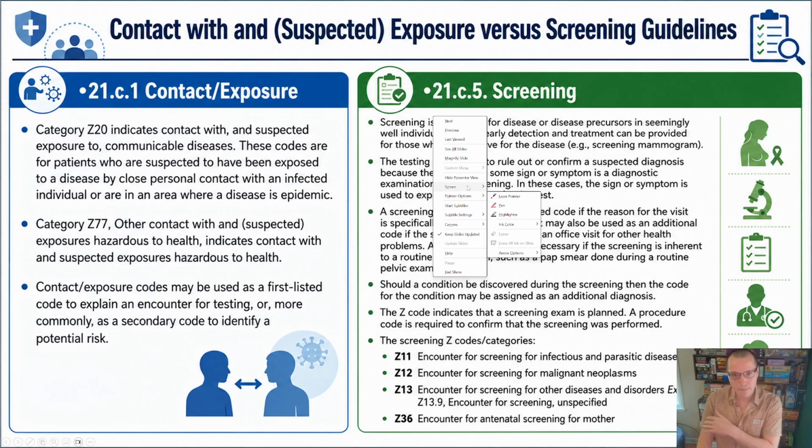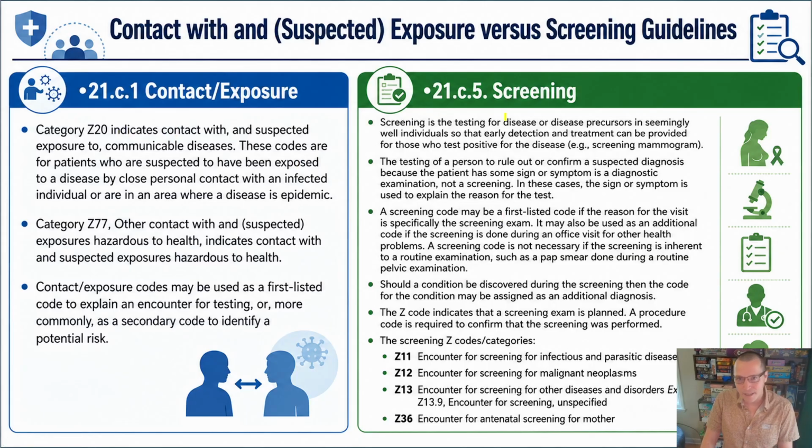The issue is people will tend to want to use the screening codes on all of the labs, but as we'll look through this, screening codes are not actually the proper codes to use in these circumstances, since screening is for testing for disease precursors in seemingly well individuals where there's no necessary reason for testing it. Screening codes are used for when a patient is due for a screening based on like the United States Preventative Task Force schedule. I have a very long video about screening guidelines. Please check that one out.